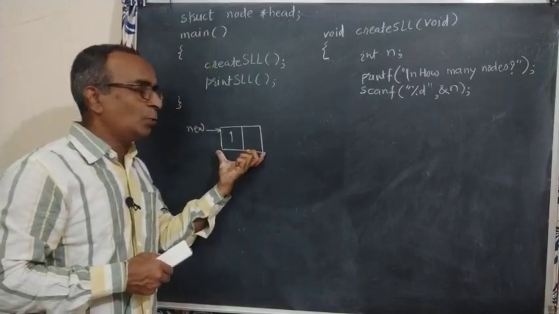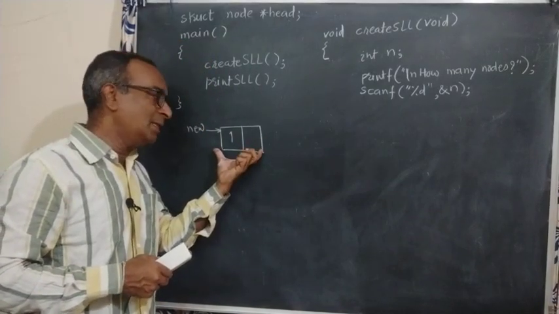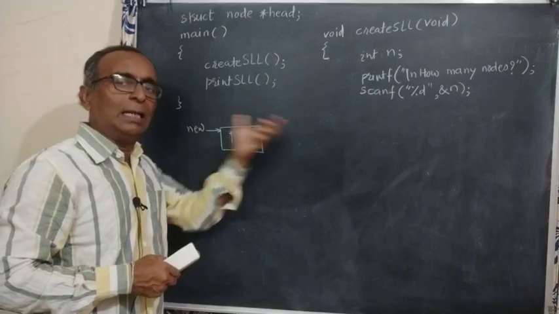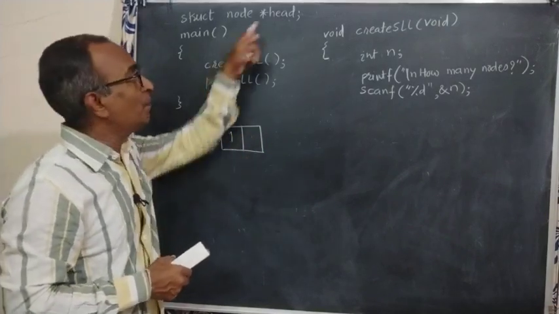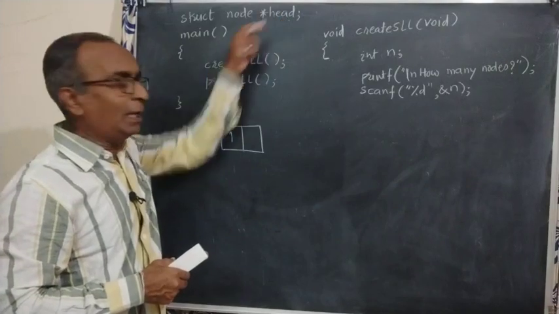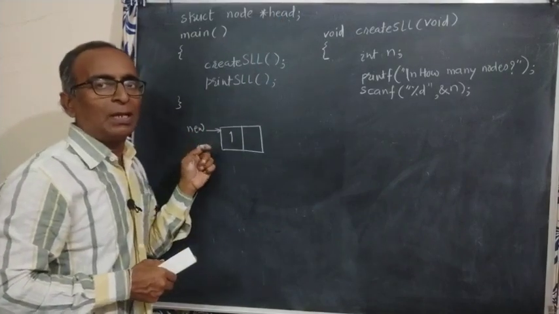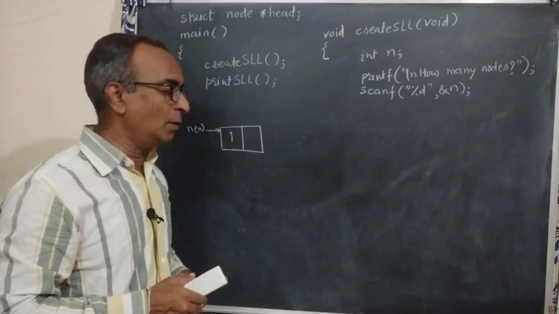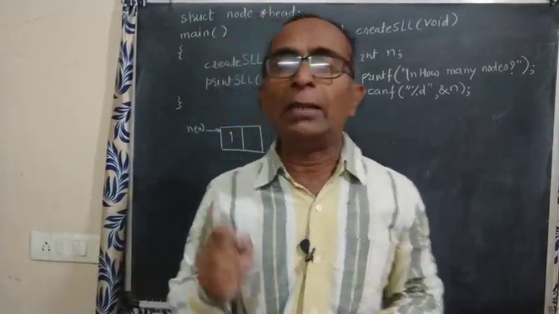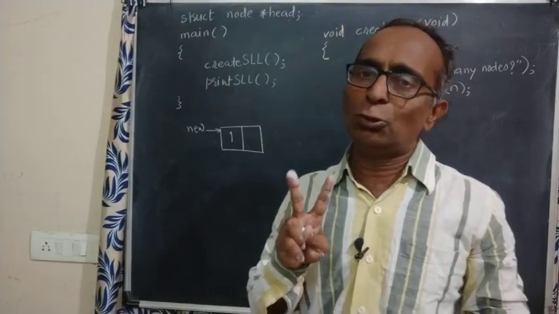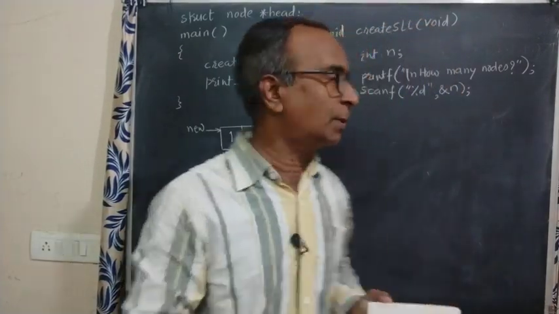Now the first node you have created will be the first node in that list. You are inserting this node in the list, and head should now point to this. As we have always seen, whenever you insert any node into a linked list, we have to adjust 2 pointers.